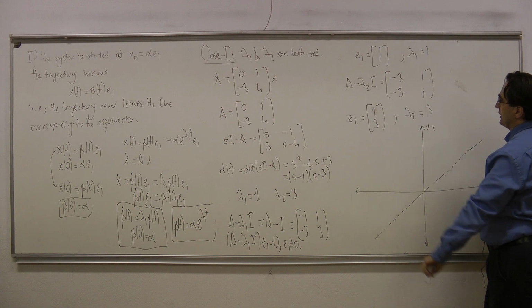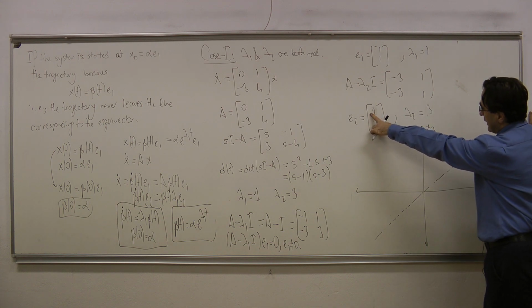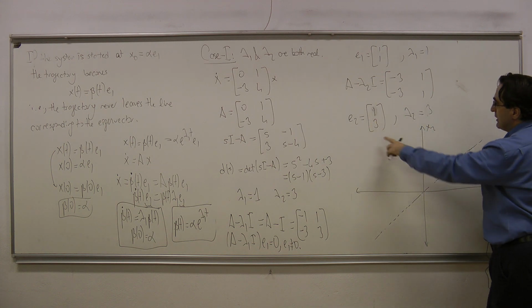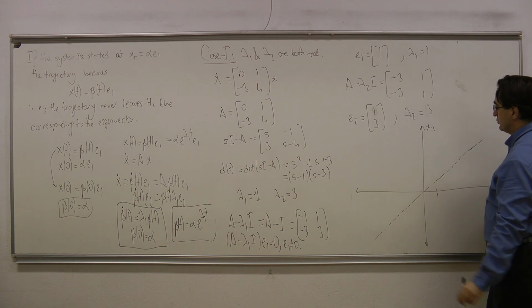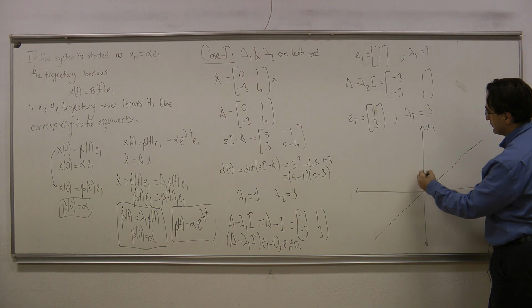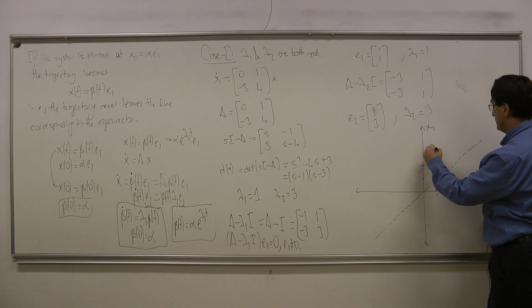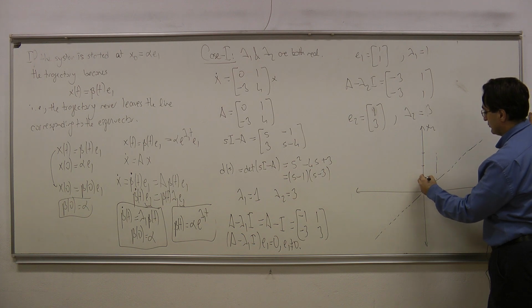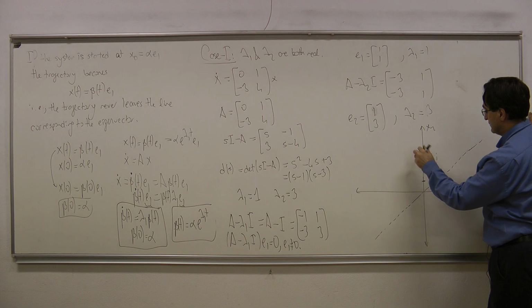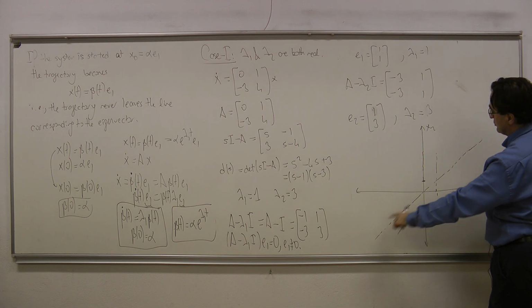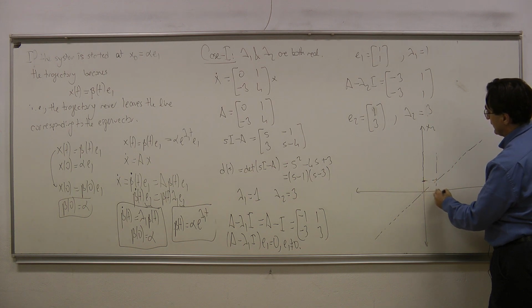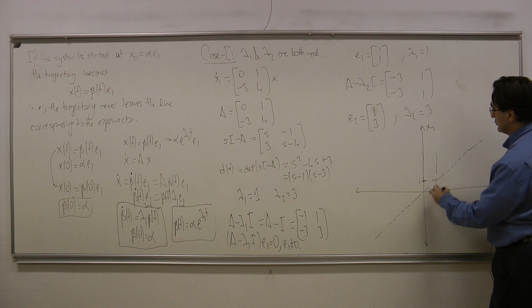And what about the other eigenvector? The x1 component is 1 and x2 component is 3. So if I take the value 1 here, I need to take the value 3 here, okay? Sorry, maybe I should draw it to scale a little bit. So this is 1. So this is the x1 equals x2 line. So if I take x1 1, x2 1 is going to be here.